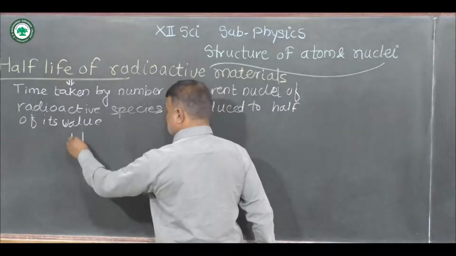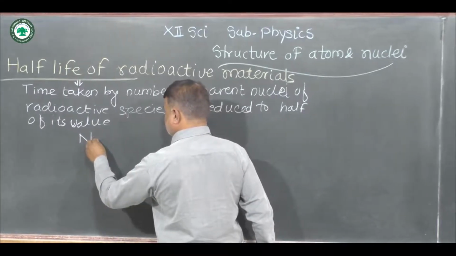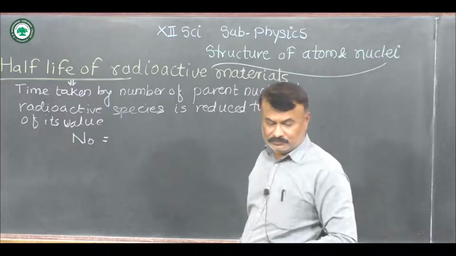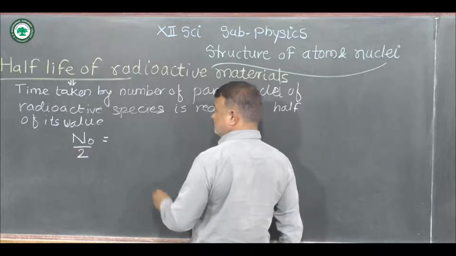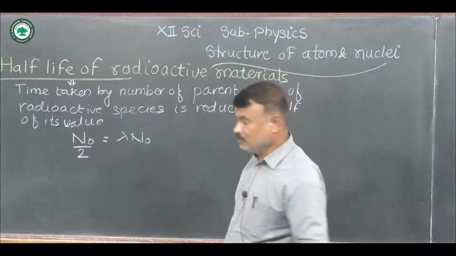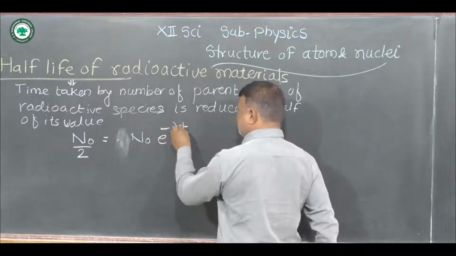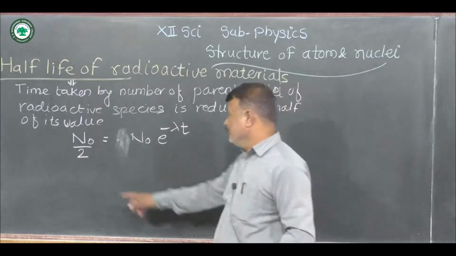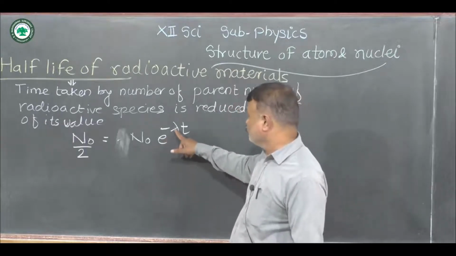So, N is equal to, this is half time, so we take N0 by 2, equal to N0 e raised to minus lambda t. For half-life of the radioactive material, we get N0 by 2 is equal to N0 into e raised to minus lambda t.